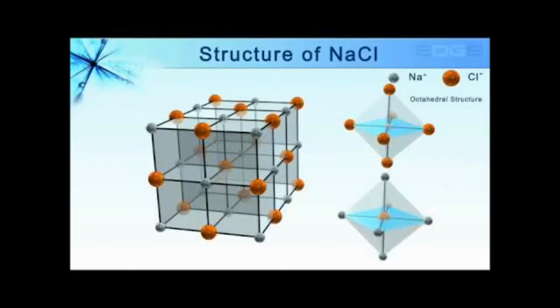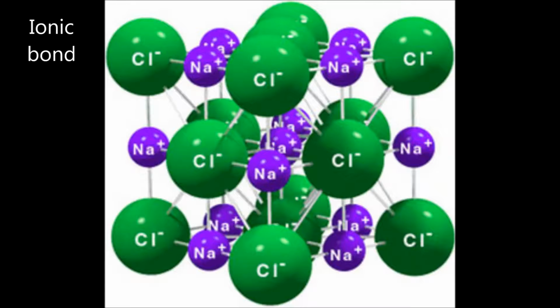The first atom is located at each lattice point, and the second atom is located halfway between lattice points along the FCC unit cell edge. The attraction between the Na+ and Cl- ions in the solid is so strong that only highly polar solvents like water dissolve NaCl well.